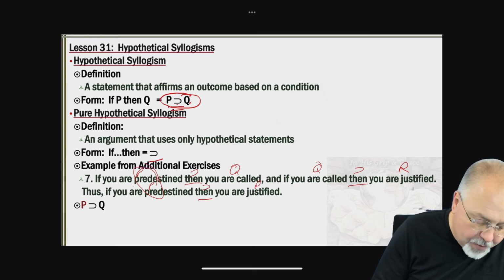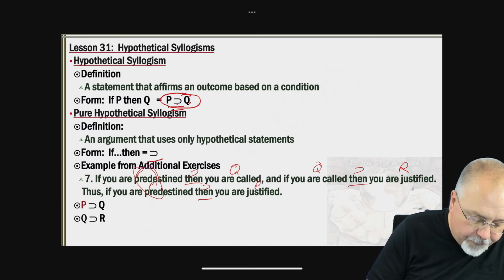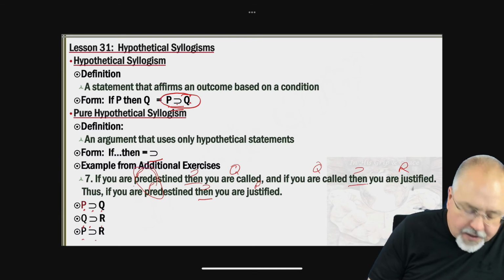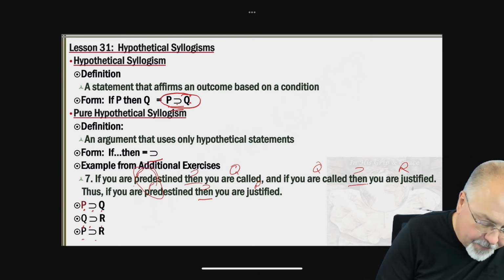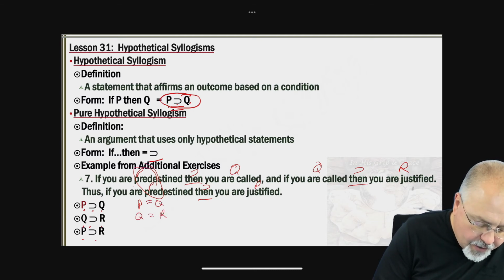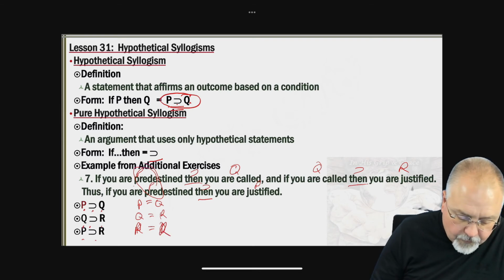So you write if P, then Q, if Q, then R, and then the last is if P, then R. Basically, this is similar to saying if P equals Q and Q equals R, then P equals R. Okay?